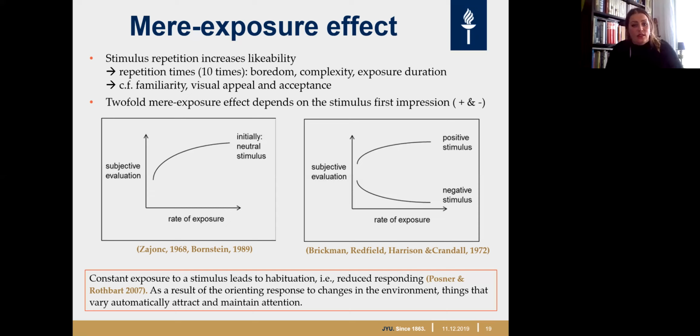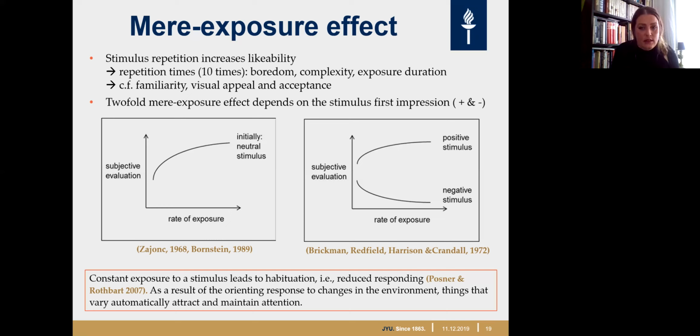And also the constant exposure to a stimuli leads to habituation, so that we see something as safe. We don't need to adjust or respond to that kind of exposures. So that refers to reduced responding.